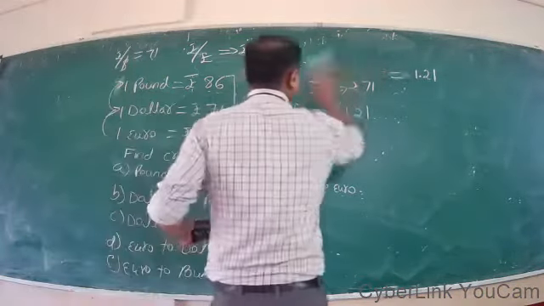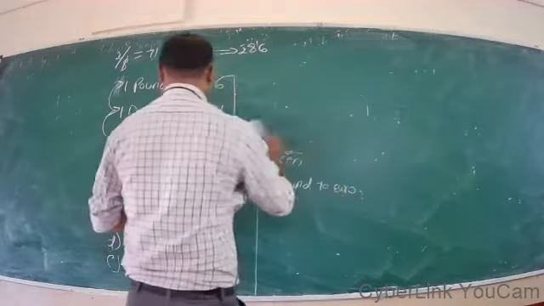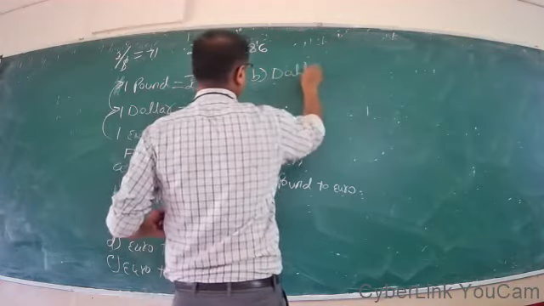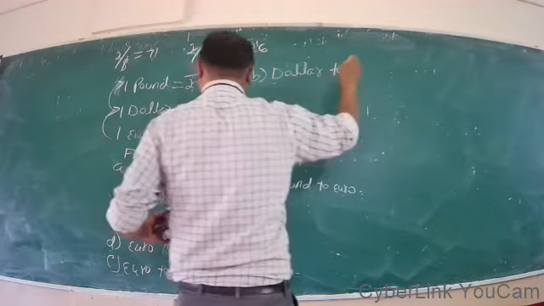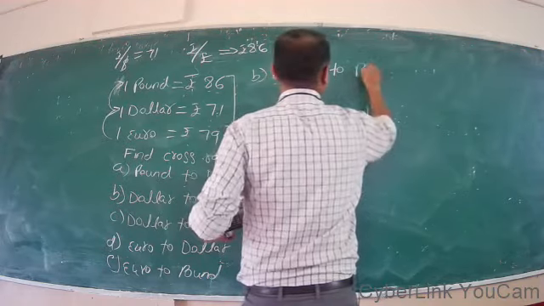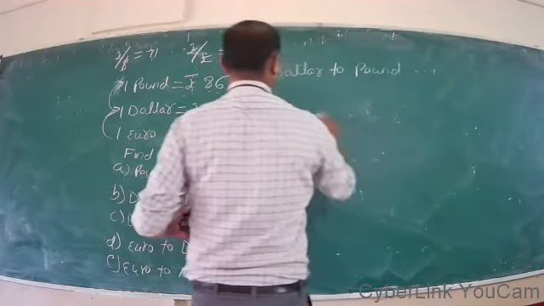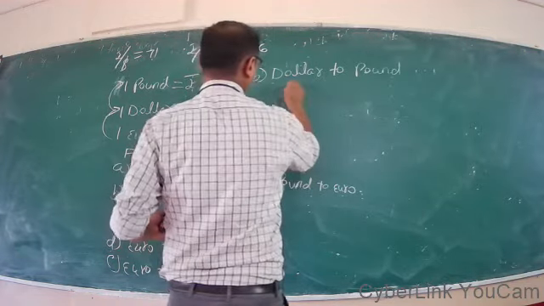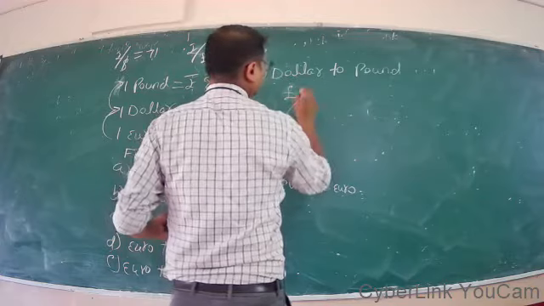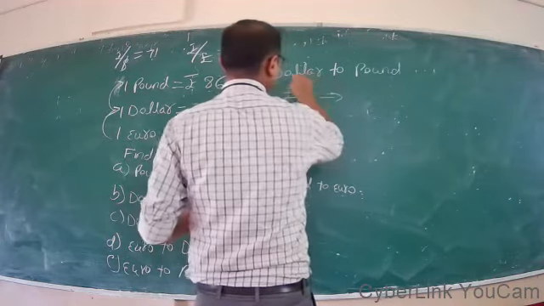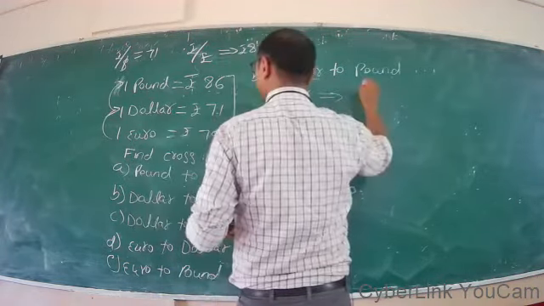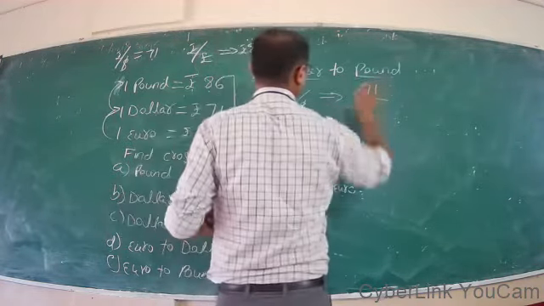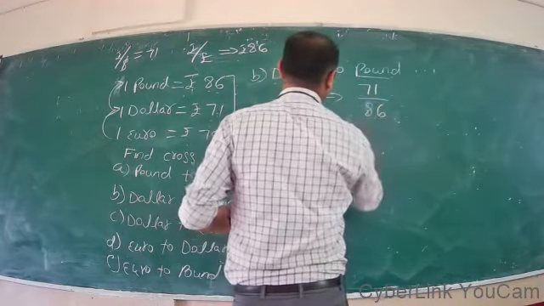Similarly, the second question they are asking is dollar to pound. That means they are asking sterling pound per dollar. So the dollar becomes the numerator now. Dollar is 71 and the denominator is the second currency, pound, that is 86.